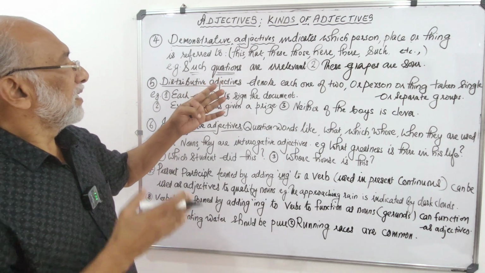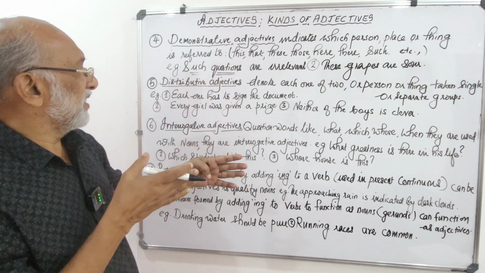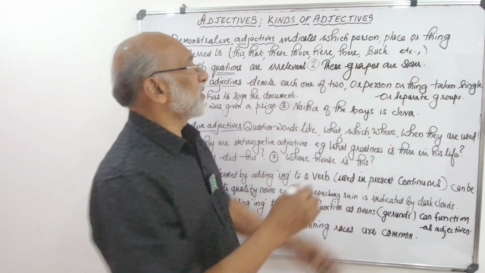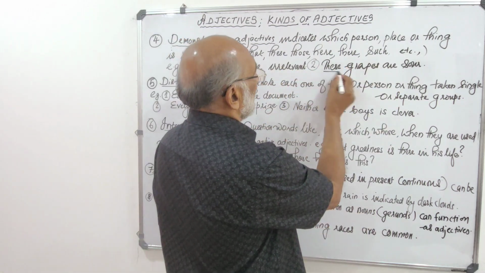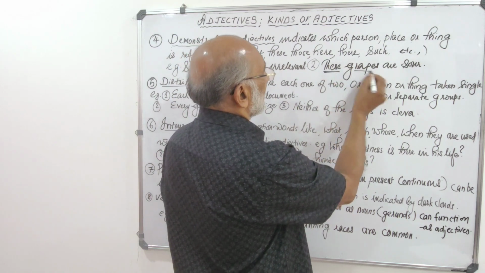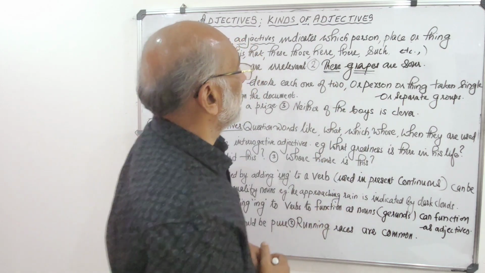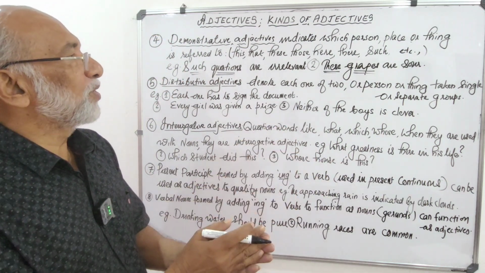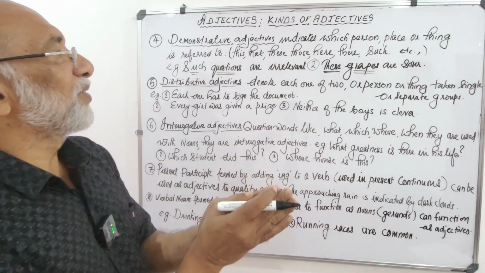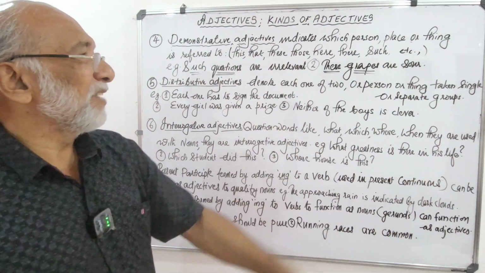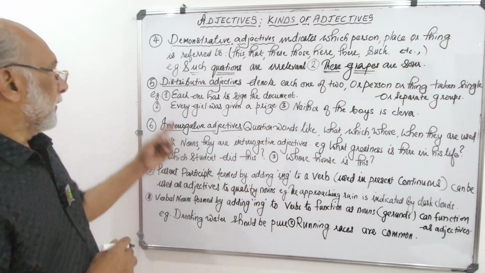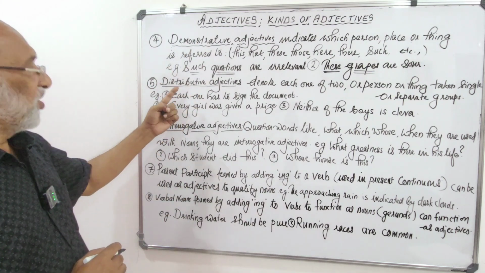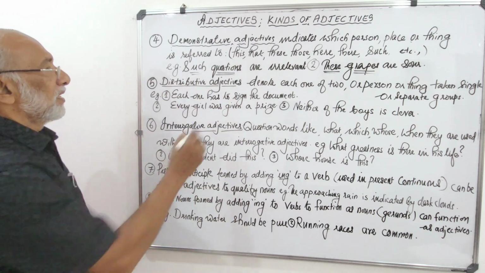That is, some particular questions, we say such questions are irrelevant. These grapes are sour. These is the demonstrative adjective here and grapes is the noun. We are pointing out a bunch of grapes or a basket full of grapes and then we say these grapes are sour.